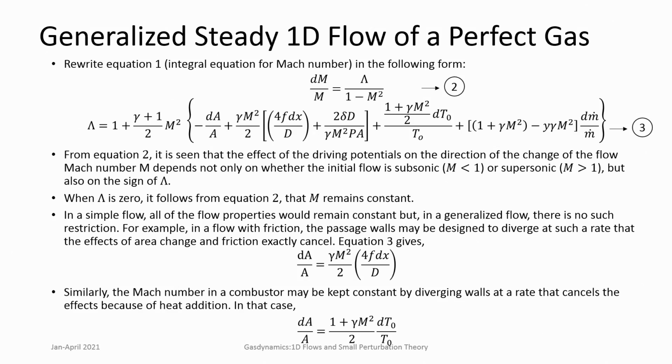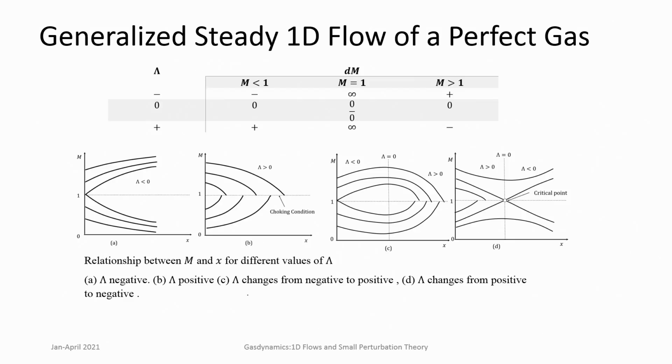Then what will happen to this particular value? Lambda can initially have a negative sign, or a positive sign, or it can be 0. So, you have this equation dM by M is equal to lambda by 1 minus M square.